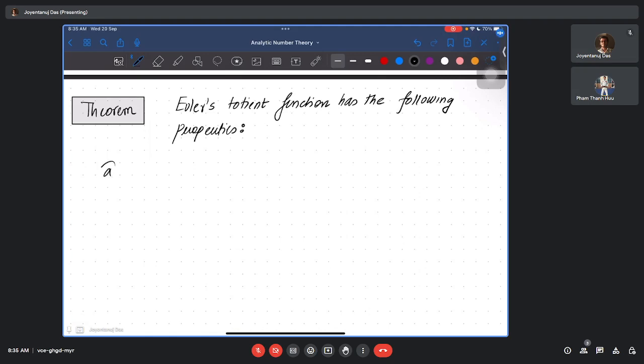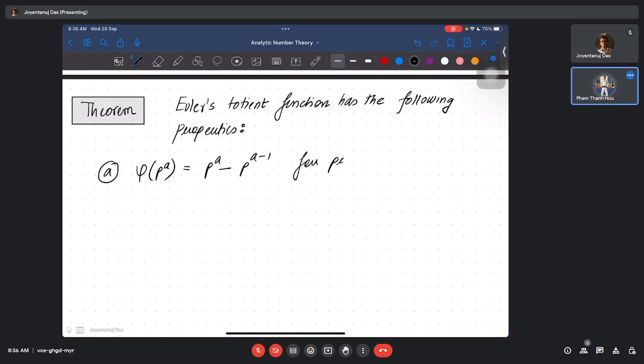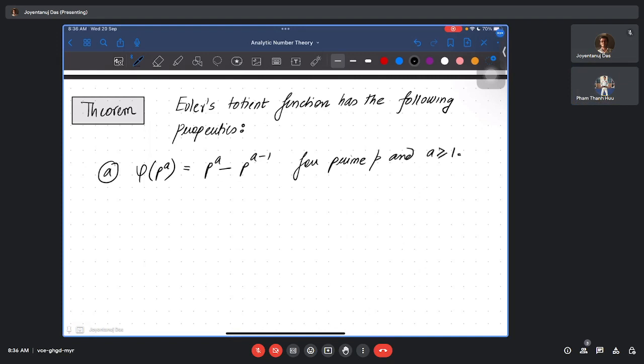The first one is that phi of p power a, where p is a prime, is nothing but p power a minus p power a minus 1, for prime p. And the condition on a is a greater than or equal to 1. Right?